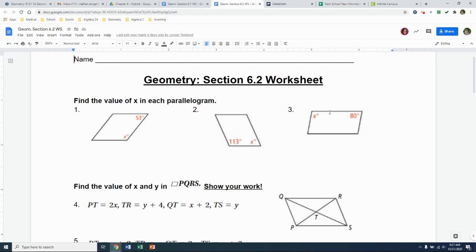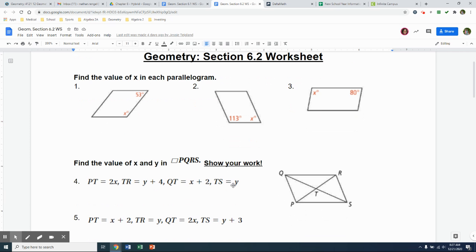Secondly, we'll look at section 6.2. Section 6.2 starts to focus just on parallelograms, and that's what we're going to stick with for the rest of chapter 6. You're going to notice in section 6.2 we start to look at a lot of different theorems.